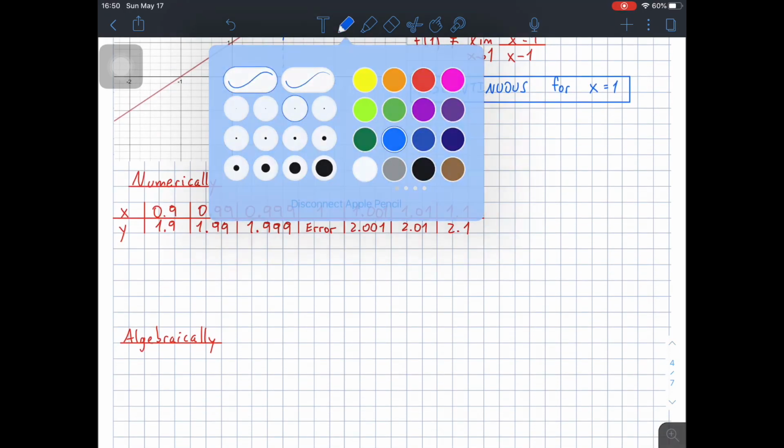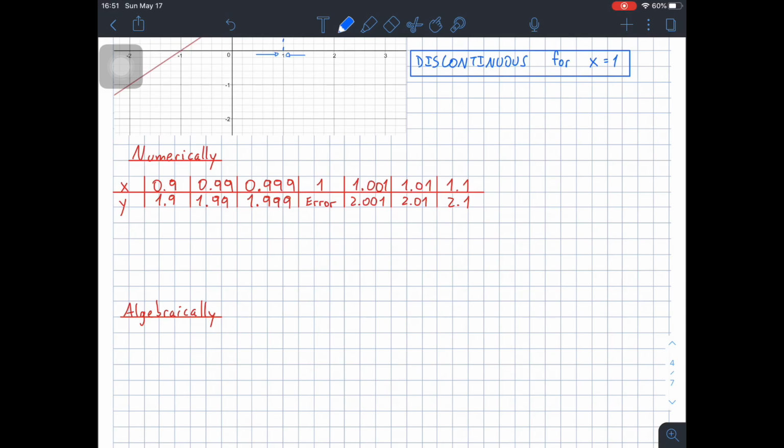Okay, so once we have this table done, we're going to follow the same concept. We're going to approach the value x from the left side first, here. So you see that as we're approaching the value 1 from the left, the values of y are approaching 2, right? They are converging to the value 2, so y tends to 2.